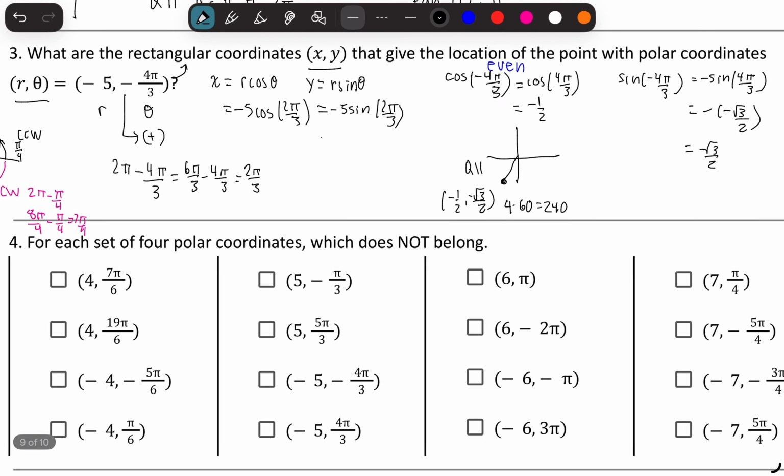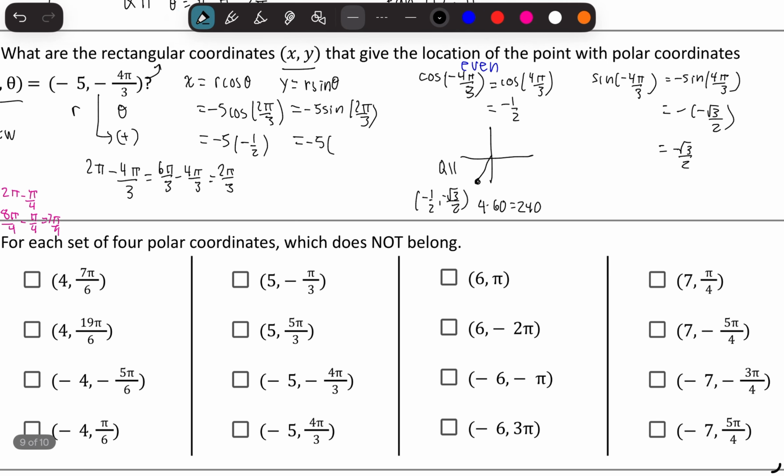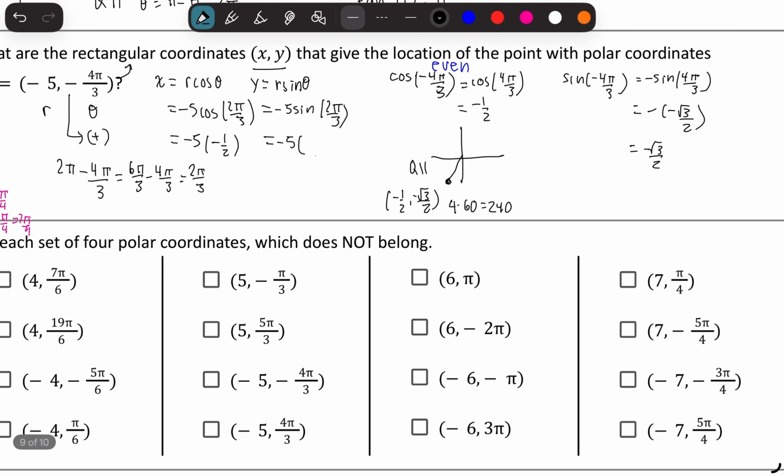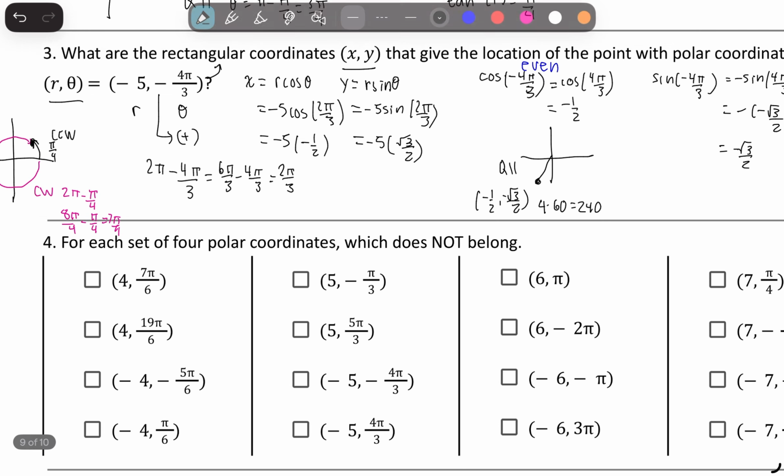So here, the same thing. These are also going to be equal to -5, and this is going to be, and here 2 pi over 3, that's root 3 over 2.